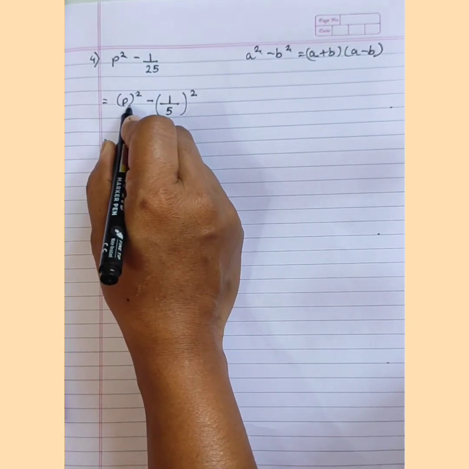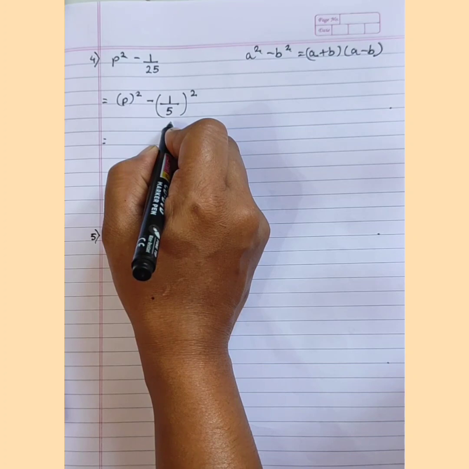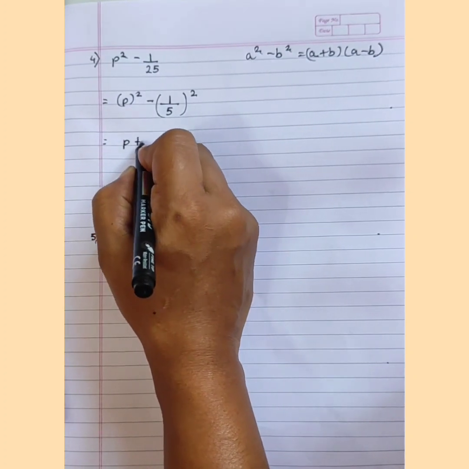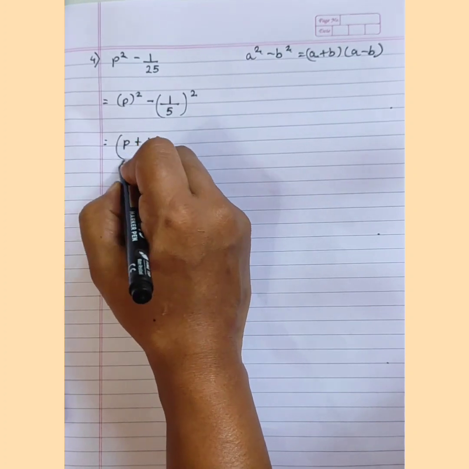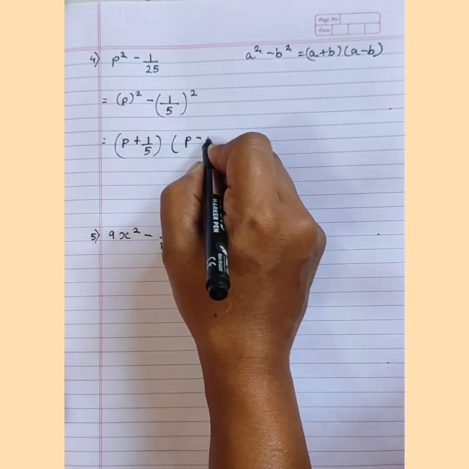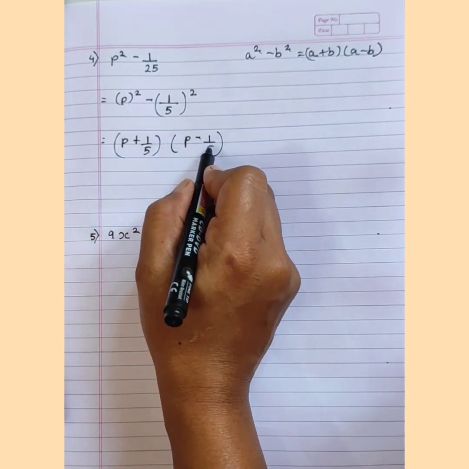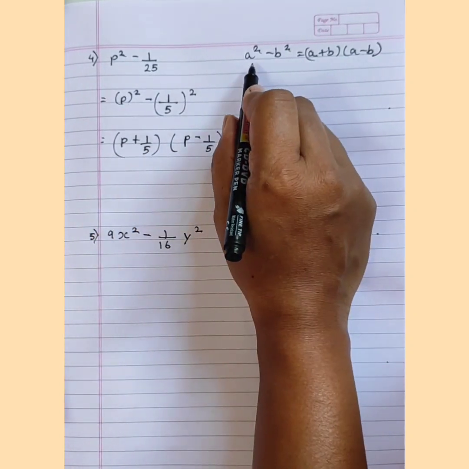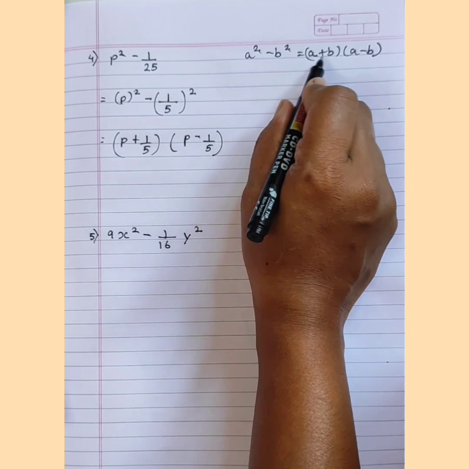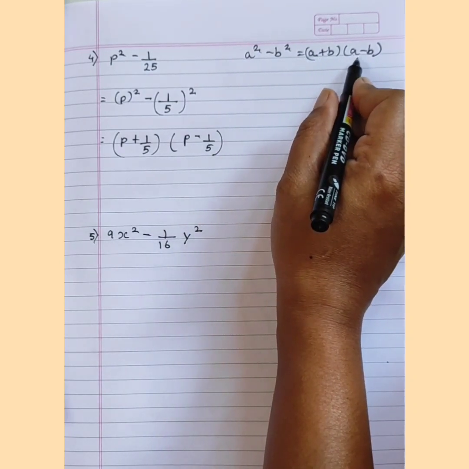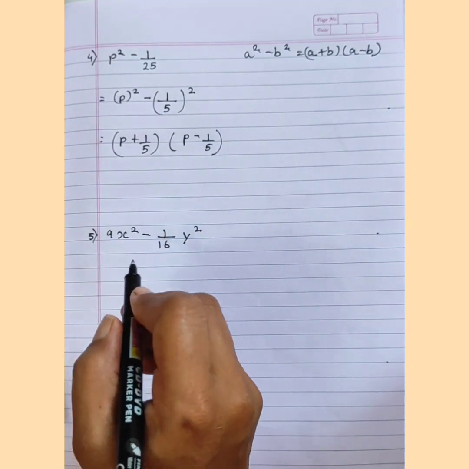Now this is of the form a square minus b square. So we can write a plus b, that is p plus 1 by 5 and p minus 1 by 5, which is of the form of this algebraic formula a square minus b square is equal to a plus b and a minus b.